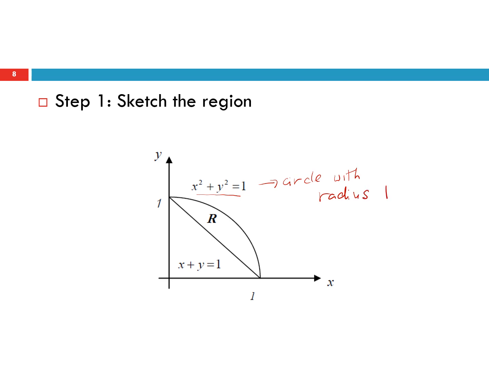And for the other equation, x plus y equal to 1, we have the y-intercept at 1 and the x-intercept at 1 also. Then we have just a straight line over here. So we will have the graph, and the shaded region is over here. So this is step 1, where we need to sketch the region.